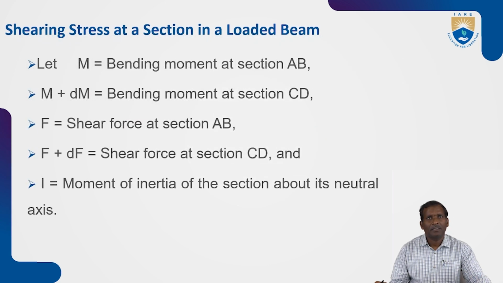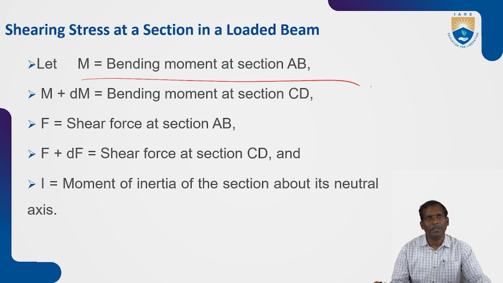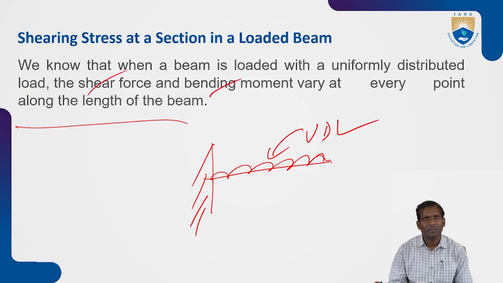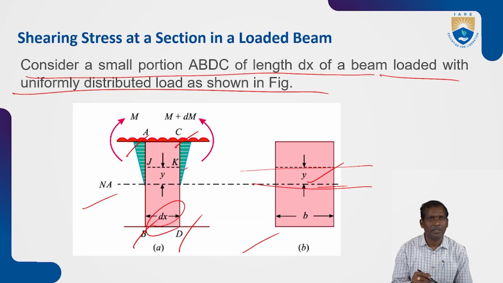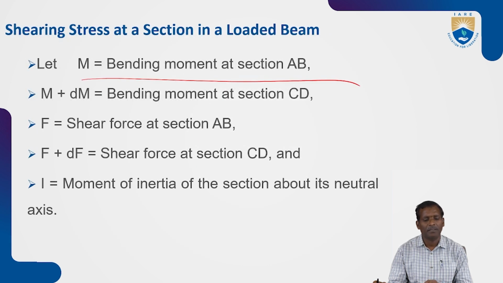So let M be the bending moment at section AB, and M plus dM the bending moment at section CD.